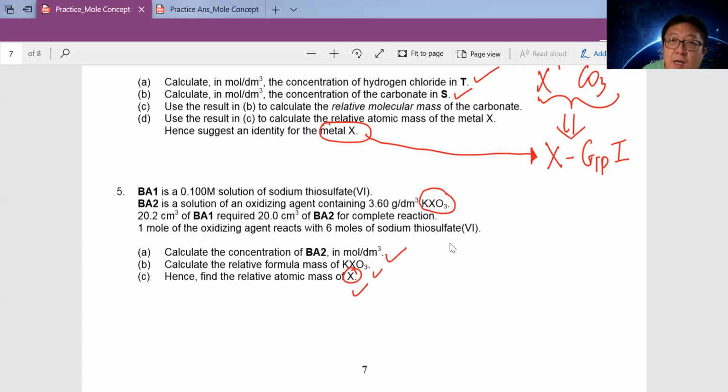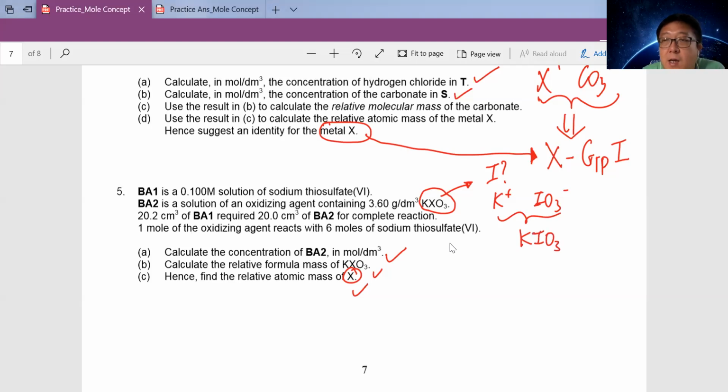So you can see this XO3, right? KXO3. Of course, you will learn under your redox chapter, right? You must recognize this X likely to be what? Iodine. Because this is K plus and IO3 minus. I'm giving you some info first before we tackle the question. That's why when they join together it is KIO3.